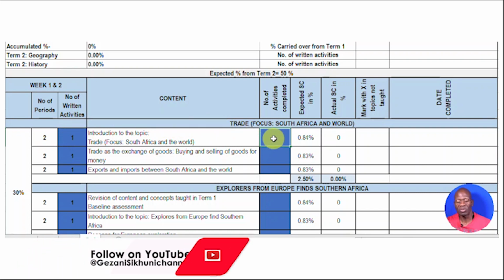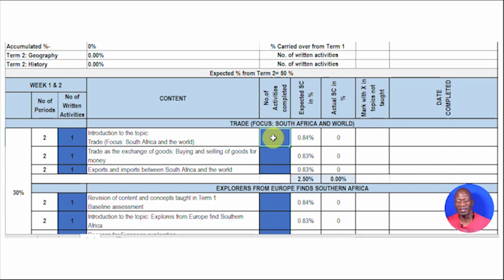So when the teacher puts the number of activities here, for instance if he or she types there, it is supposed to indicate that now it's 0.84% covered of the curriculum in terms of the first 2 periods.